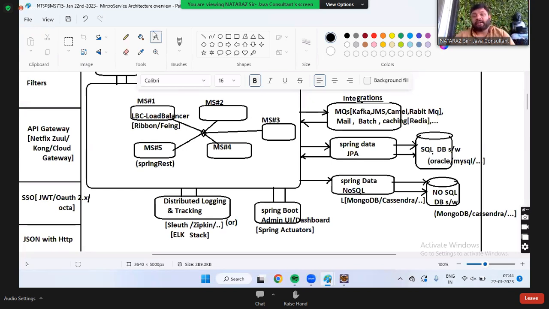For that purpose, we have the Spring Boot Admin UI dashboard, which is linked with Actuator and provides a great presentation to enjoy the non-functional features. Are you understanding my statement, guys? Convinced, my dear.